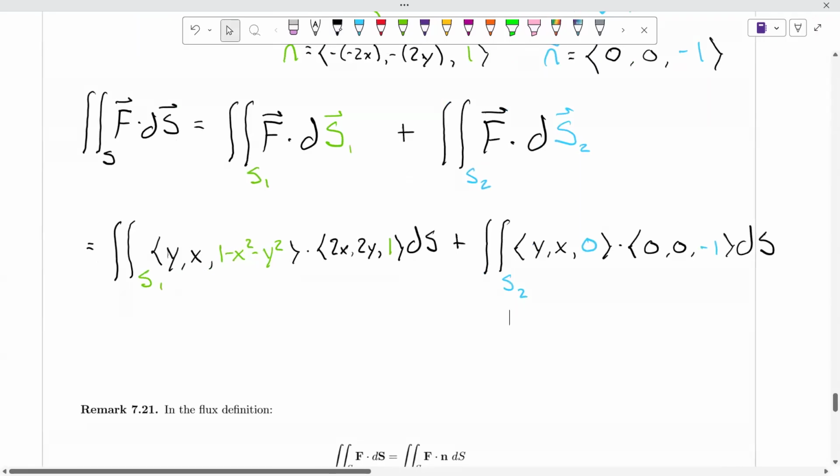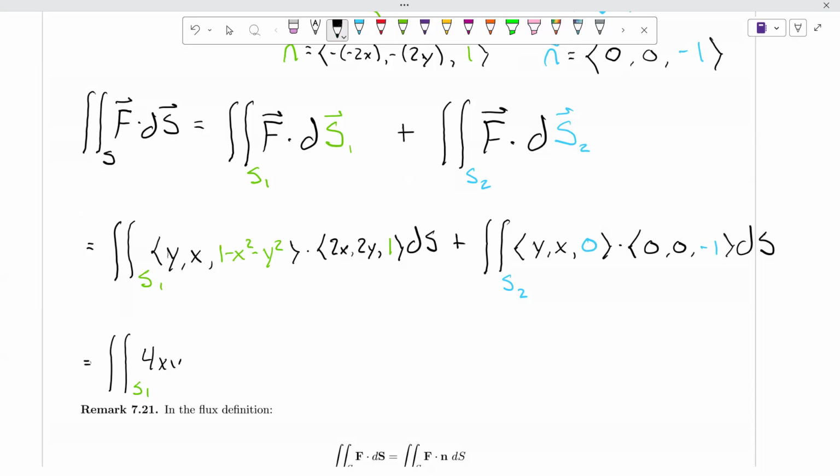So if I go to write this whole mess together, this is going to be the double integral over S1 of 4xy.